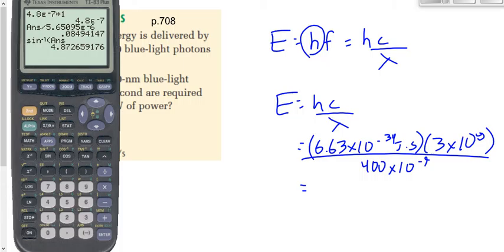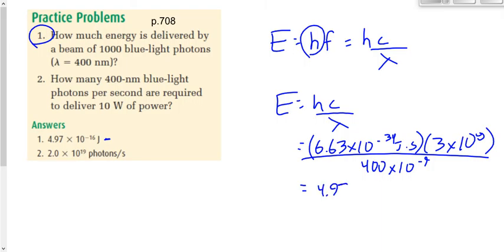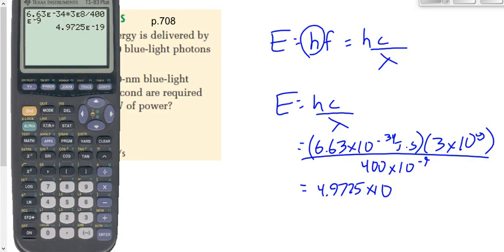Let's calculate this. 6.63 times 10 to the minus 34 times 3 times 10 to the 8 divided by 400 times 10 to the minus 9 gives us an energy for one photon of 4.9725 times 10 to the minus 19.